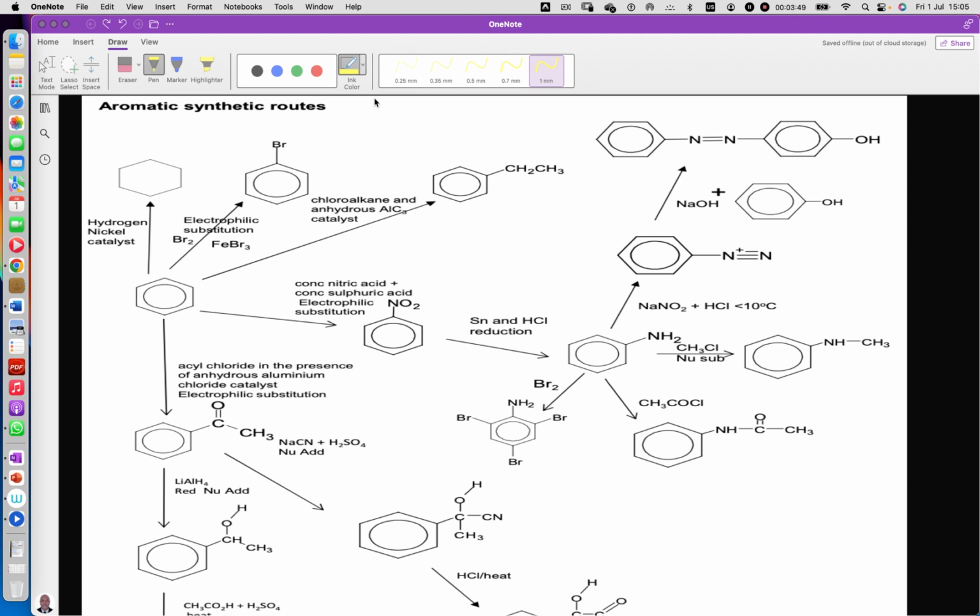In this case, the benzene will react with hydrogen, and we will need a nickel or platinum catalyst. Either you use a nickel catalyst or you use a platinum catalyst, and you heat the reaction mixture. The product of the reaction will be cyclohexane.